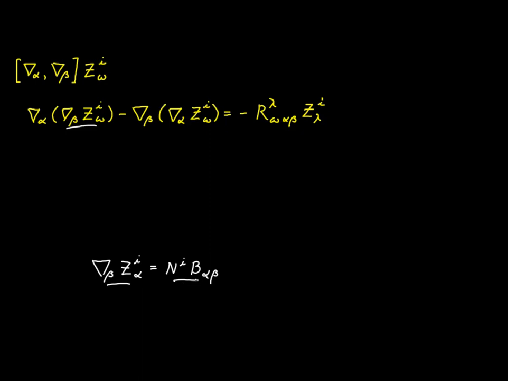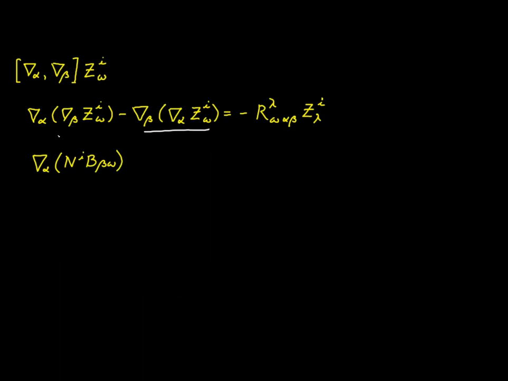Now to do that, I'm going to rename alpha to omega, of course, but I'll also switch the order of the indexes. So we'll have the covariant derivative with respect to alpha of N i times B beta omega. So what you see is that this term right here is the equivalent of this as per this expression down here.